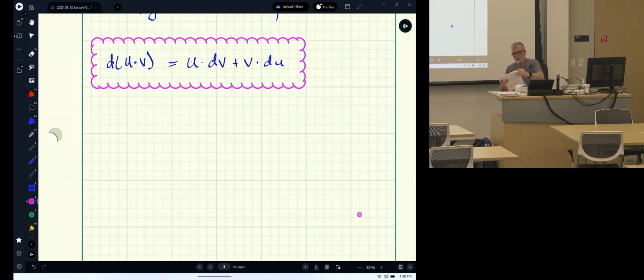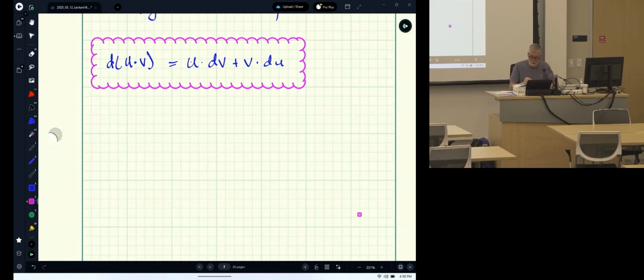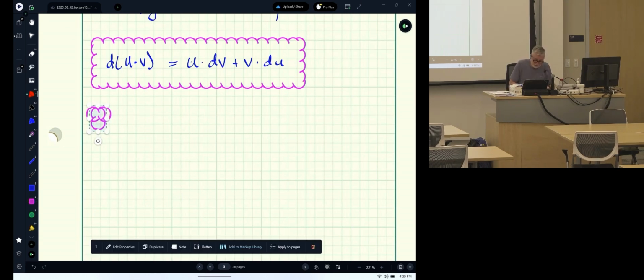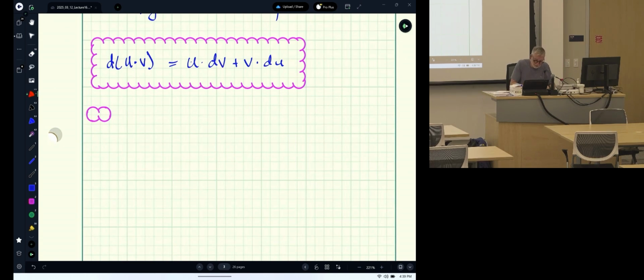So that's the first thing to memorize, and then we integrate both sides.